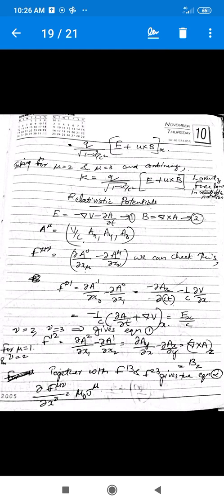And equation 3 then reduces to del square A nu is equal to minus mu 0 J nu. It is not minus mu 0 J nu, it is plus mu 0 J nu. You just check in your Griffith text, but I don't have it with me, just check it.